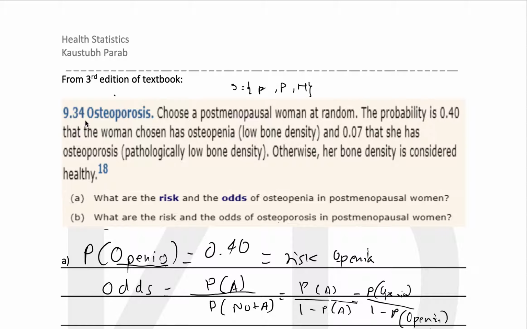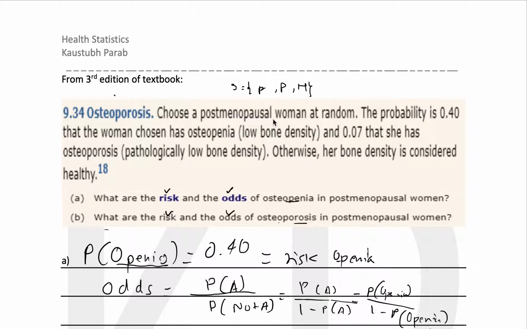So 9.34 is regarding osteoporosis, and they have given the question stem and asked us two different sub questions to calculate the risks and odds of two conditions. One is osteopenia and another is osteoporosis. So, risks and odds for osteopenia and osteoporosis.